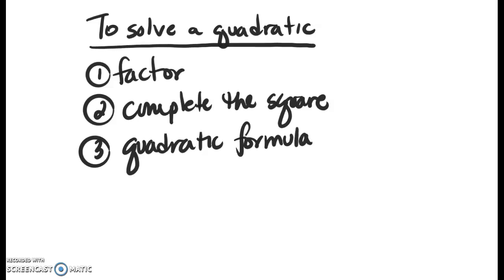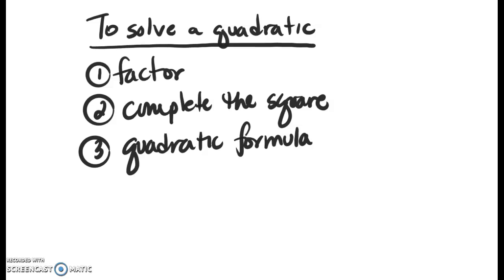So option 1 is not always an option that works, because sometimes we cannot factor a second degree expression. So it won't factor over the integers, or give us nice numbers. It's something where we would have to do the quadratic formula in order to solve, and we'll end up with some decimal numbers sometimes.